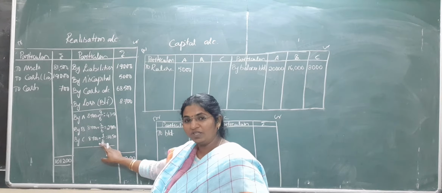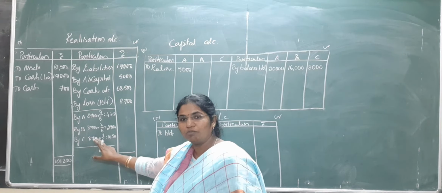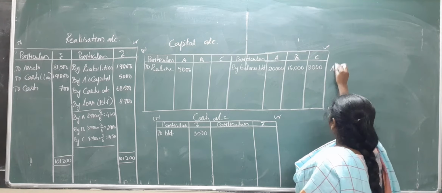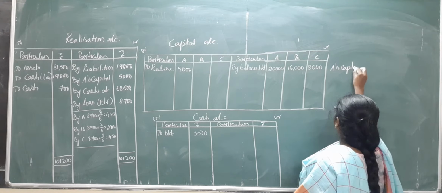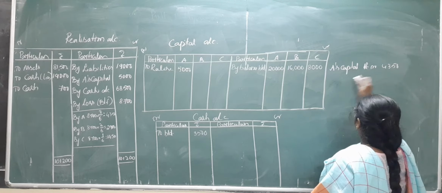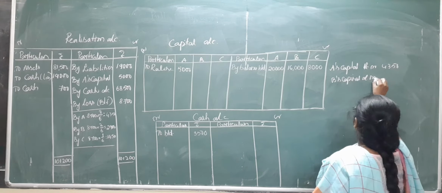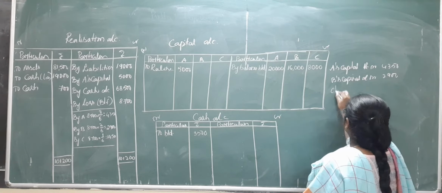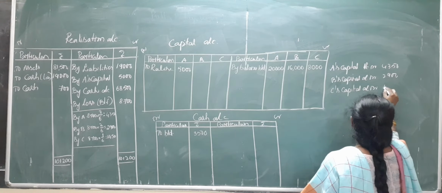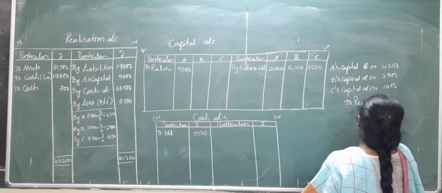As I mentioned earlier, we have to write a journal entry for transfer of realization loss to partners' capital accounts. Let us write the journal entry. A's capital account debit 4,350, B's capital account debit 2,900, C's capital account debit 1,450, to realization account.